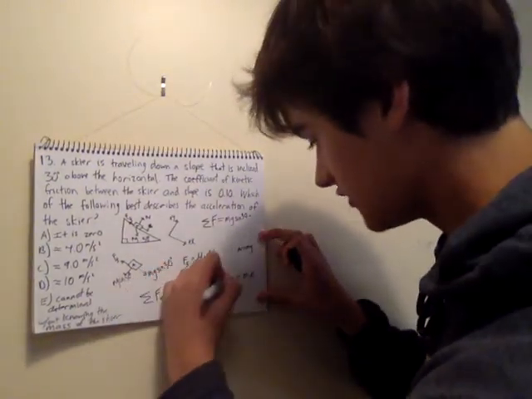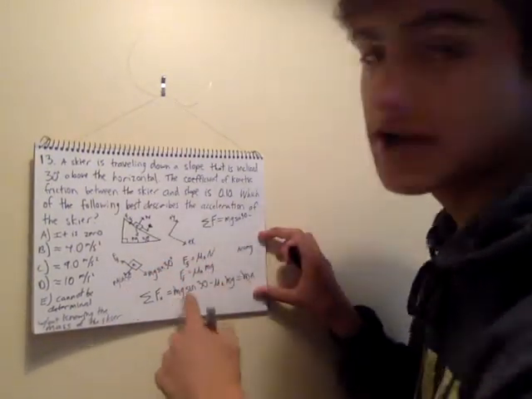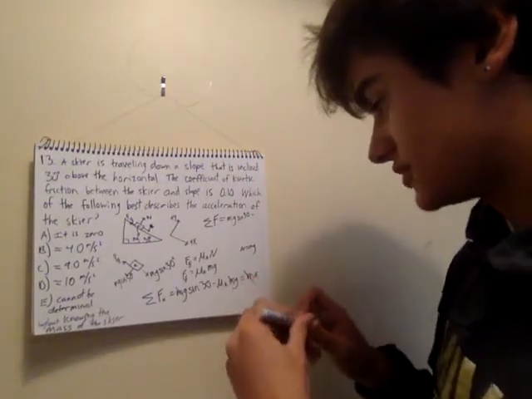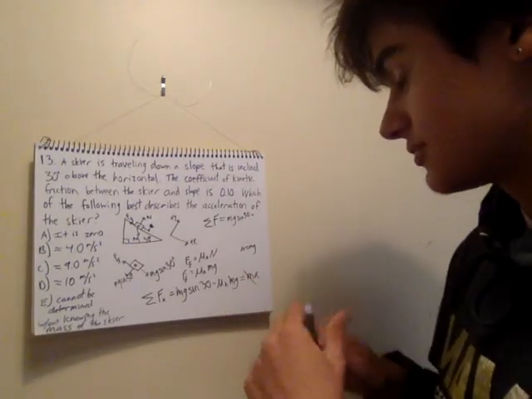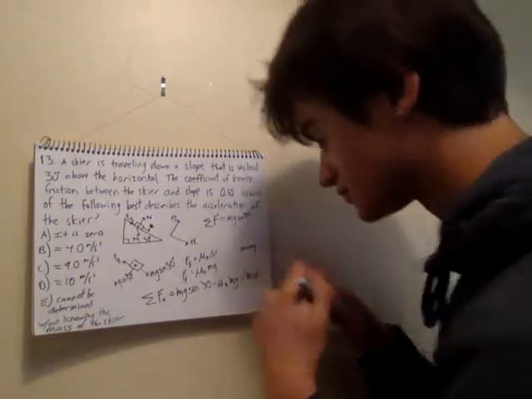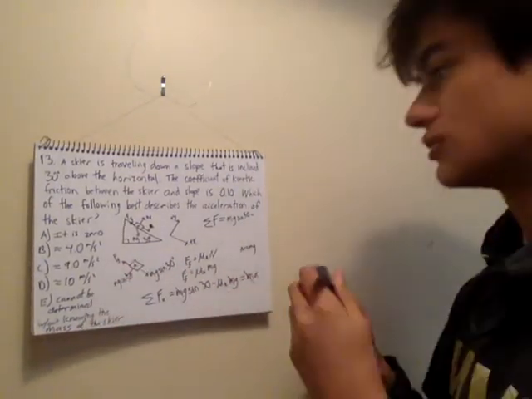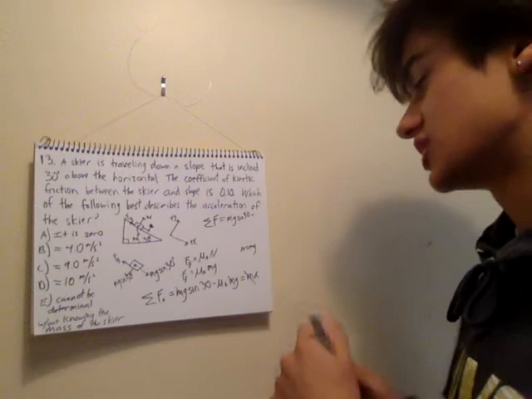Now we can cross off the m's. You can factor this out, you can divide. This is going to be equivalent. So we can start plugging in numbers now. Again, what we're solving for is the acceleration.